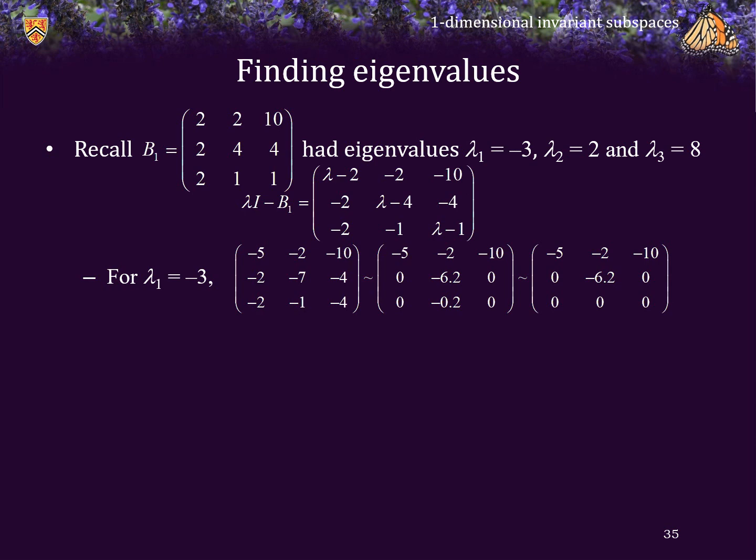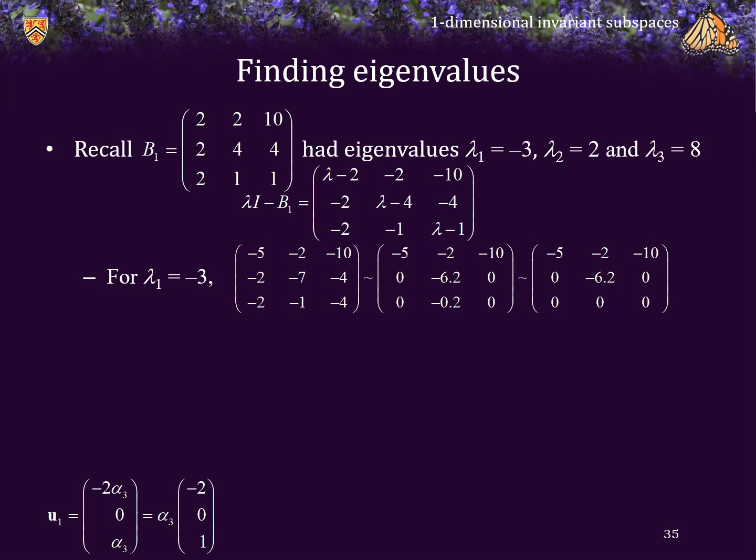And if we add appropriate multiples of row 1 onto rows 2 and 3, we get zeros in the interesting locations. And then we just have to add an appropriate multiple of row 2 onto row 3, which is going to eliminate that term anyway. So now we see here that alpha 3 is free, alpha 2 is equal to 0, and alpha 1 is equal to -2 times alpha 3.